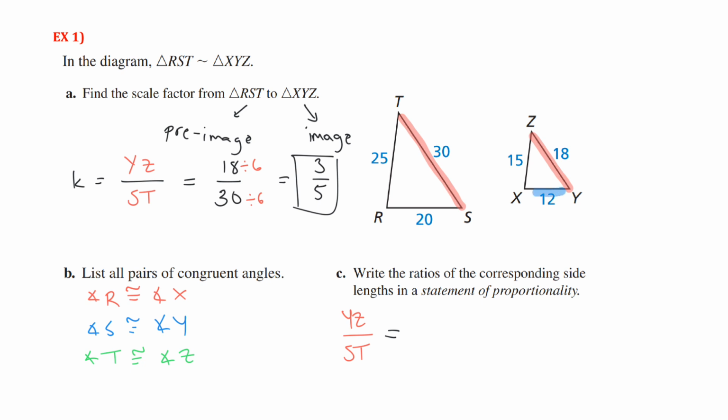I'm going to go ahead and choose YX, which corresponds with SR. So YX divided by SR. And this, of course, is going to be equal to side XZ corresponding with side RT. So XZ divided by RT. And that's it.